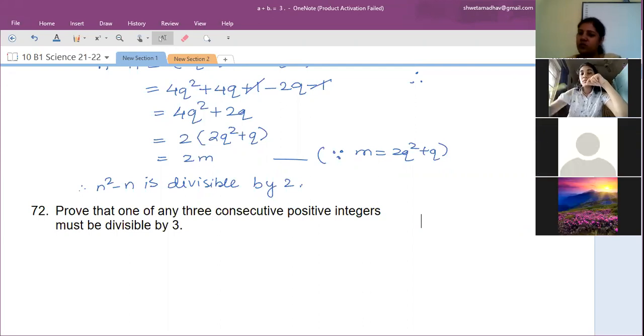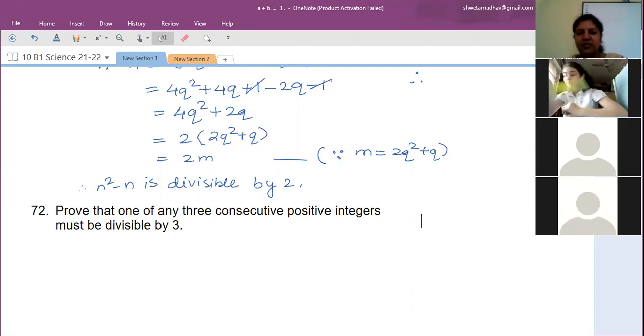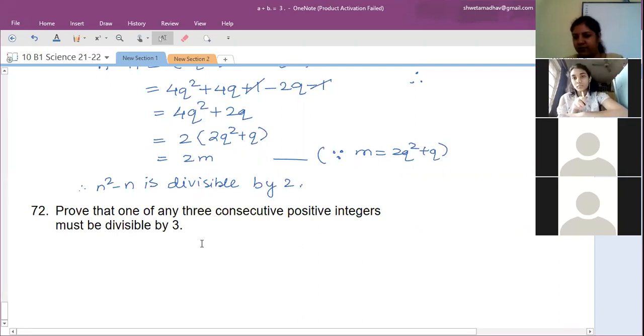Only 81. So that means if you take any 3 consecutive integers, out of those 3, only one of them is divisible by 3. The 2 others are not divisible by 3. That is what we have to show here.